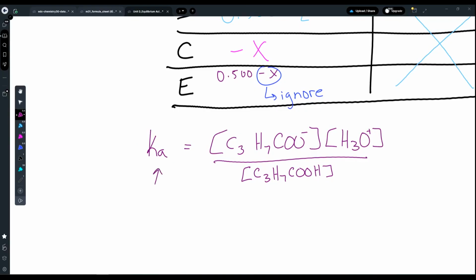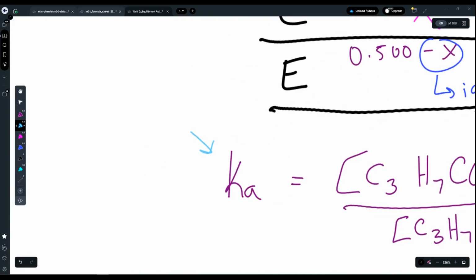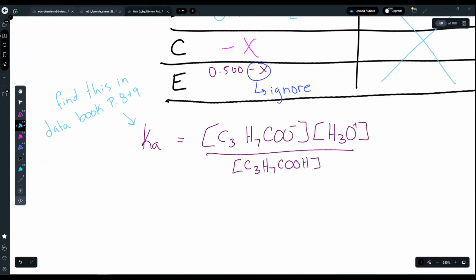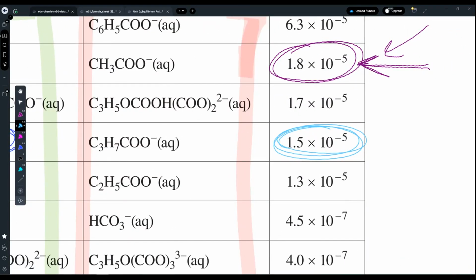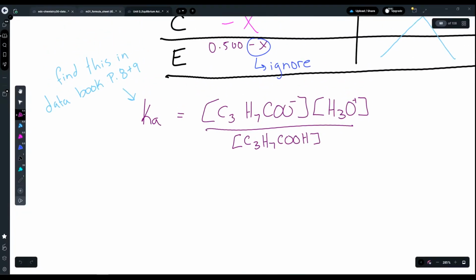So what we're going to need to find is the Ka for butanoic acid. For butanoic acid, the Ka for that was 1.5 times 10 to the power of negative 5. So we're going to plug that in.